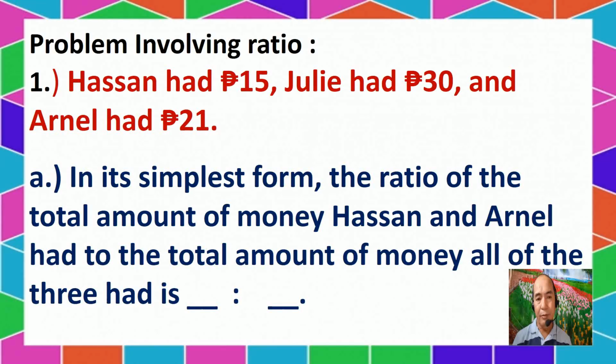Meaning, we are going to total the amount of all three: Hassan, Jolie, and Arnel, to be compared to the total amount of Hassan and Arnel. That is what the problem is about.